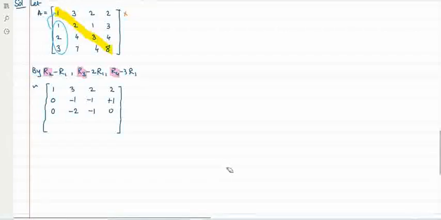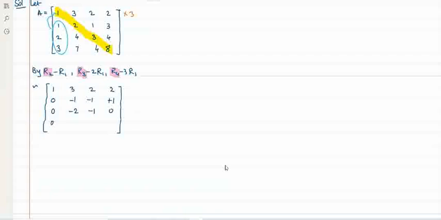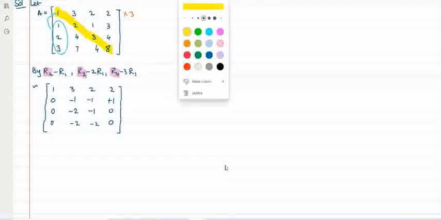Verify calculations. Next, multiply by 3: 0, minus 2, minus 2, minus 2. Which one? Fourth row? Yes, sir. Minus 2, minus 2, 0. Right? Verify the calculation part.